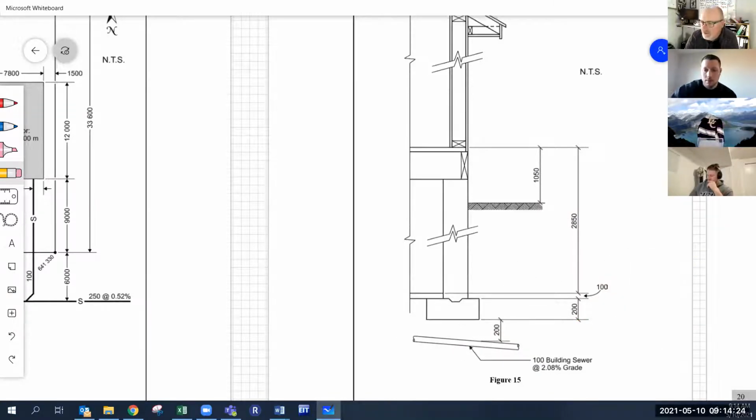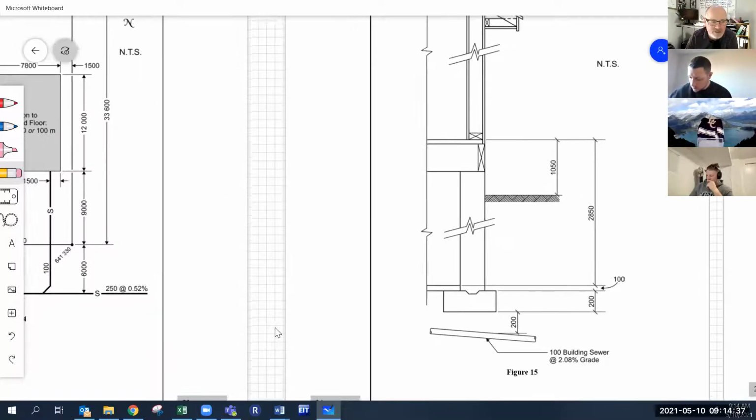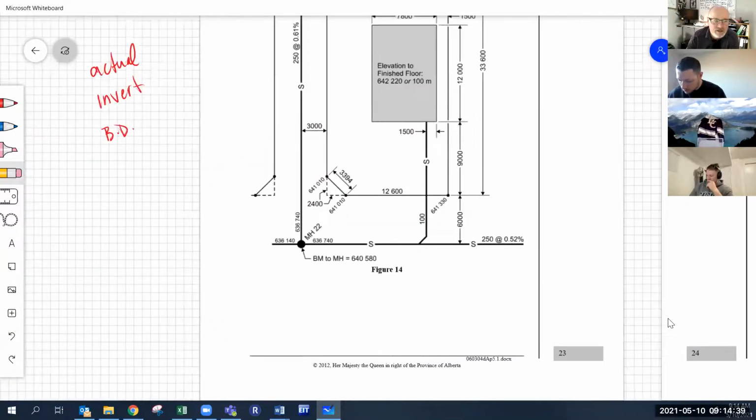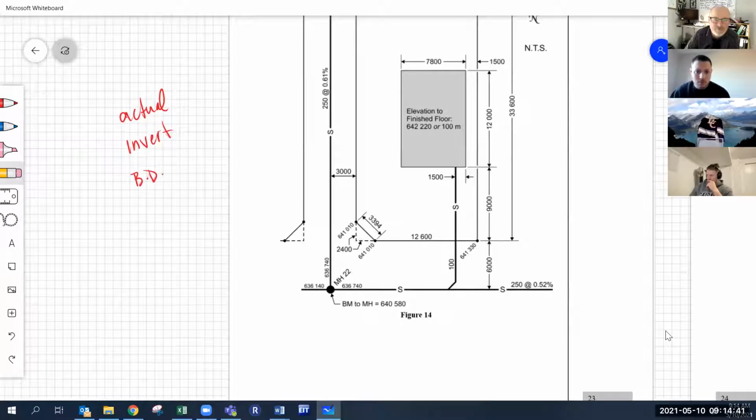Okay. The next question is, what is the actual invert elevation of the sewer main at the east side of the manhole? So let's have a look. What is the east side here? So north is straight up.